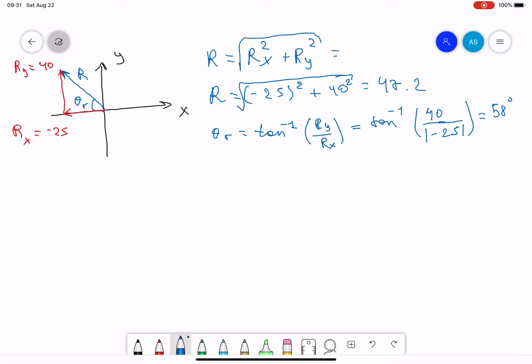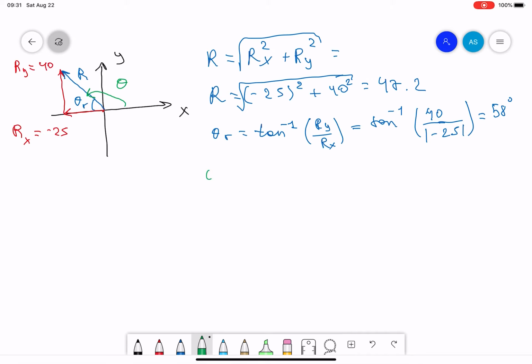Now, we found that theta r is 58 degrees, but we are looking for the angle from the positive x axis until here, okay? So this one, let's call it just theta.